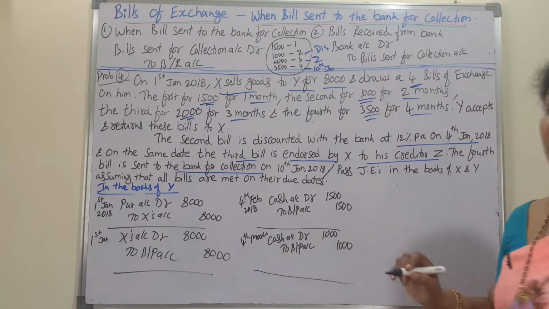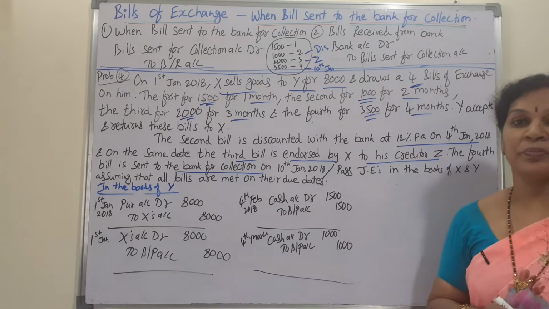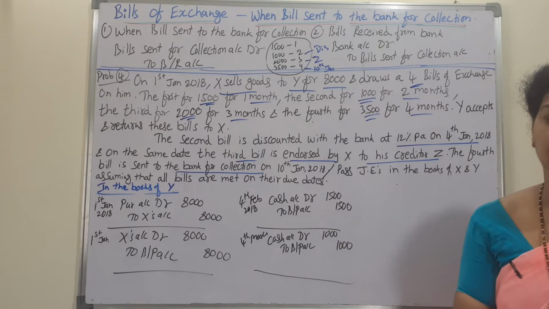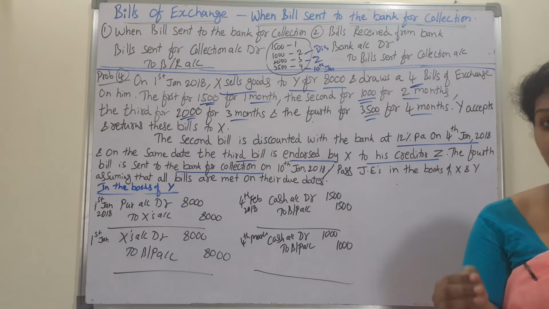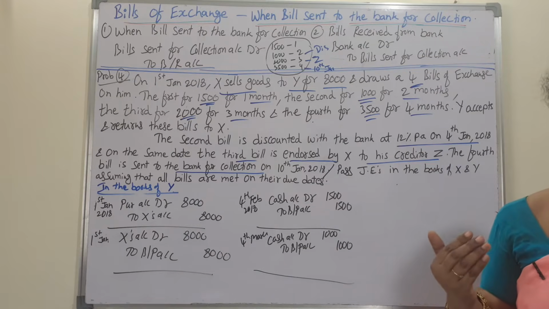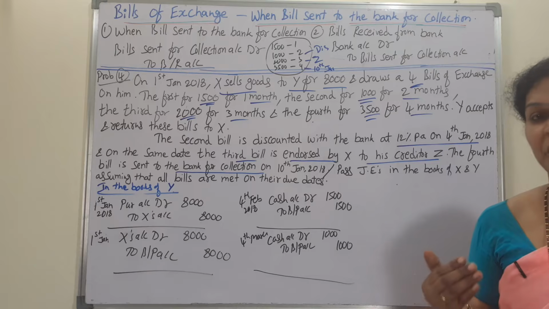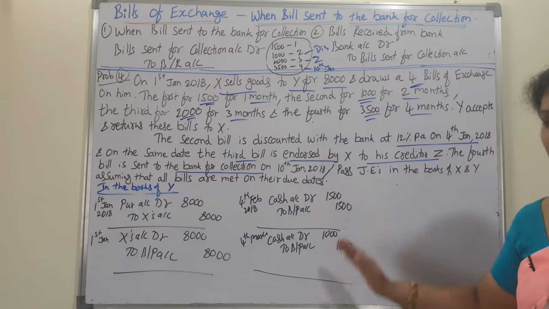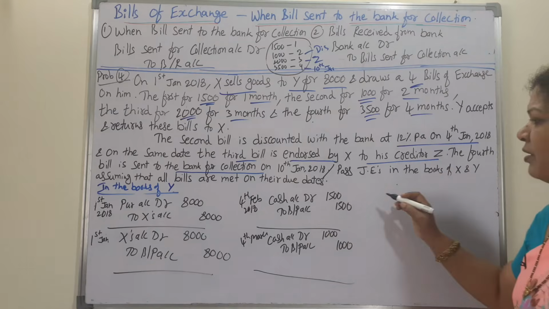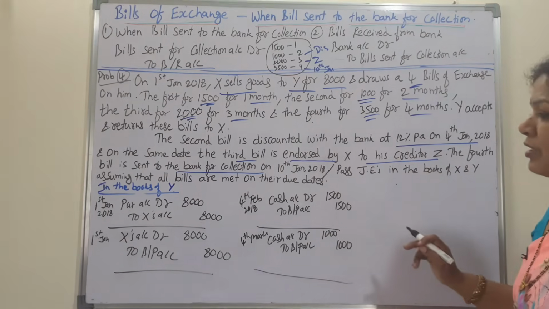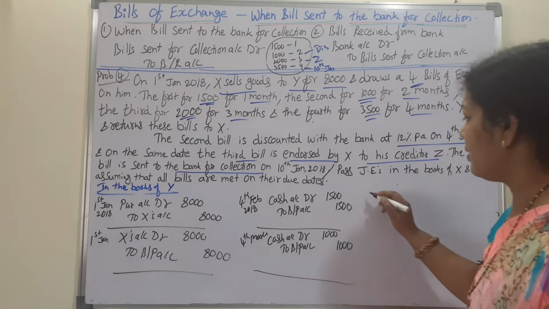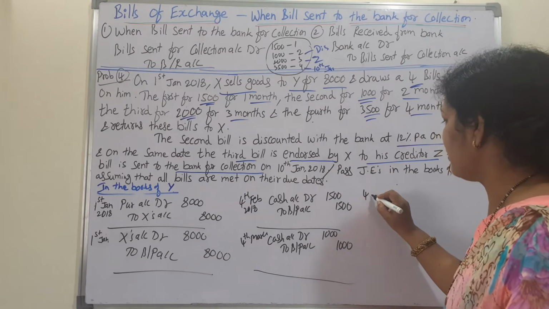And the third bill is 3 months. It is endorsed, but anyway he is paying the amount, whether to Z or X, it doesn't make any difference. The drawee is paying the amount, same entry: bills payable account debit to cash account. 3 months means February, March, April, so 4th April.